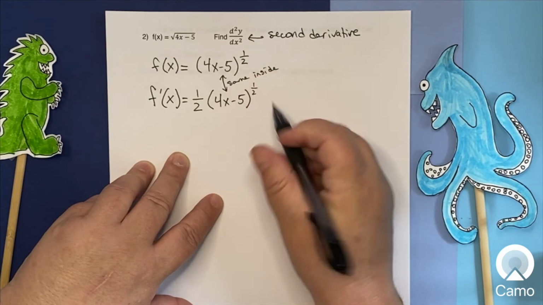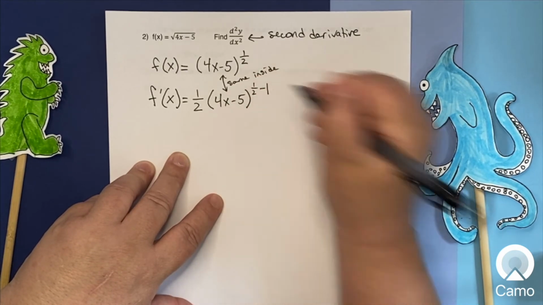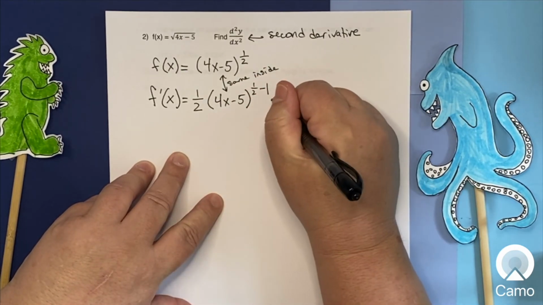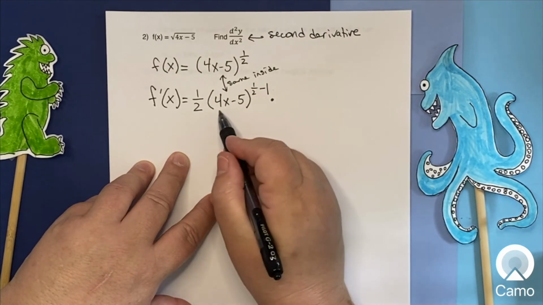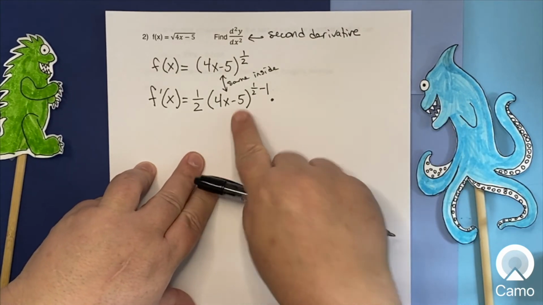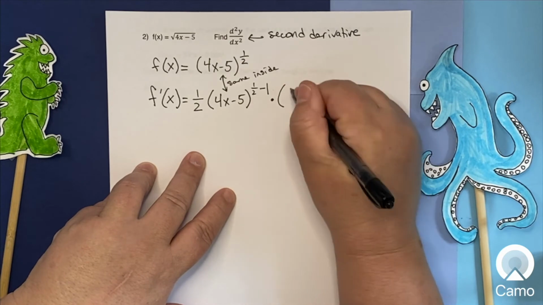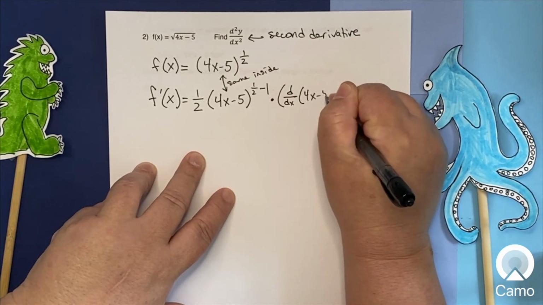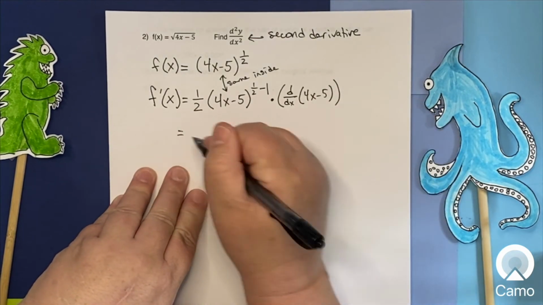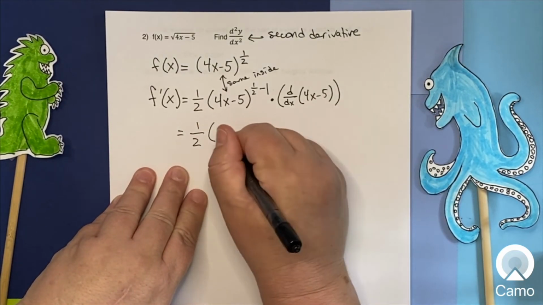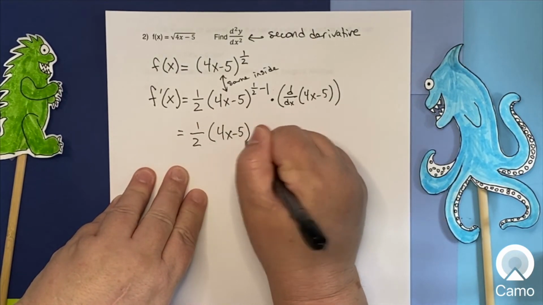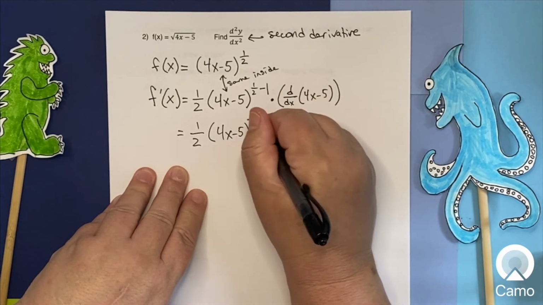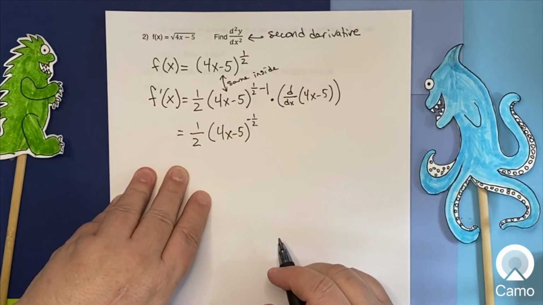So it's 1/2 times 4x minus 5, and 1/2 minus 1 is negative 1/2. That's nobody's favorite thing. Or maybe it is. I don't want to yuck your yum. And then over here, I'm going to multiply by the derivative of this, which the derivative of 4x is 4, and the derivative of 5 is 0.